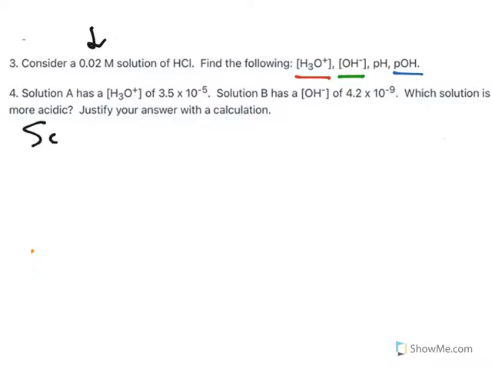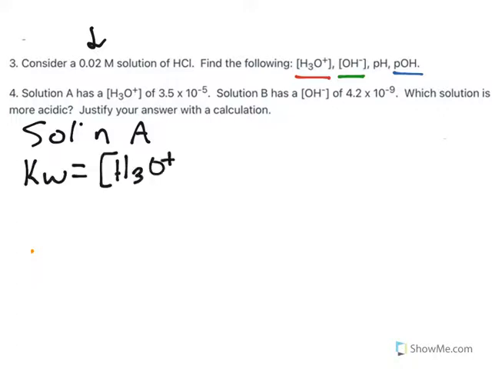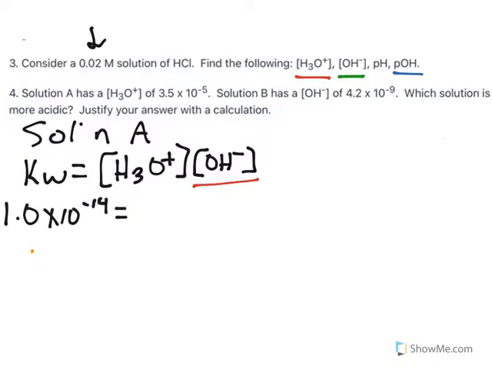So for solution A, again, Kw equals the hydronium concentration times the hydroxide concentration. We know Kw, we know for solution A the hydronium concentration, so we could solve for this hydroxide concentration. Well, Kw is 1.0 times 10 to the negative 14th. The hydronium is given right here.